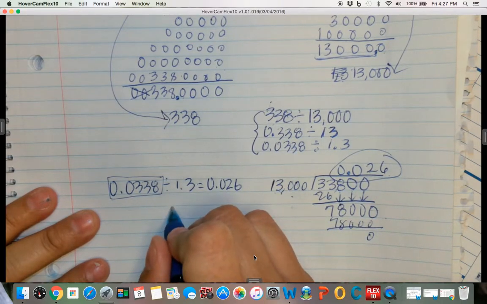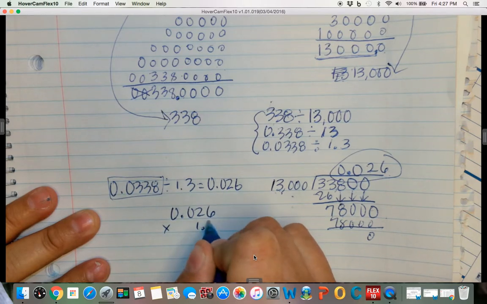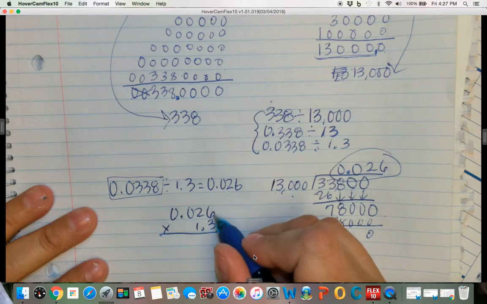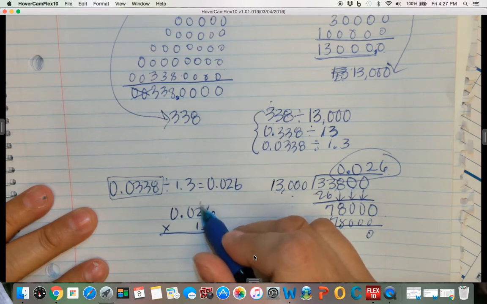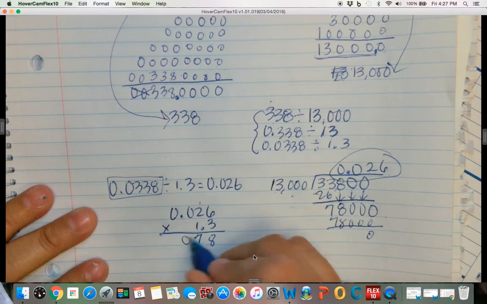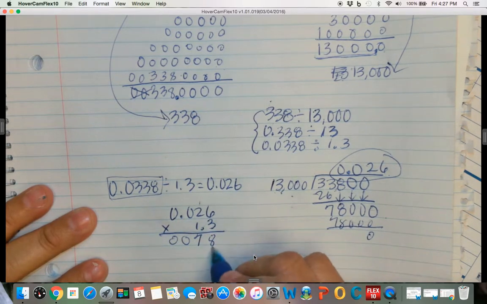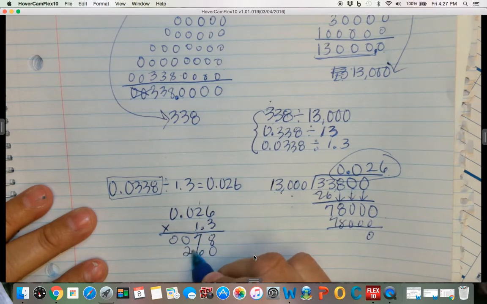I'm going to do 0.026 times 1.3 to prove our answer. 6 times 3 is 18. 3 times 2 is 6, plus 1 is 7, 78. 3 times 0 is 0. 3 times 0 is 0. Okay. 1 times 6 is 6. 1 times 2 is 2.